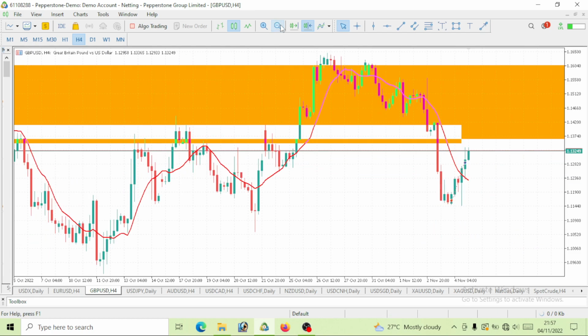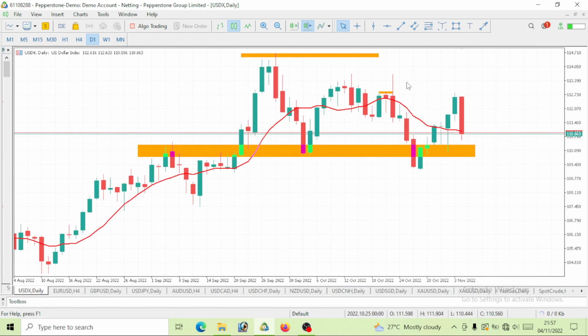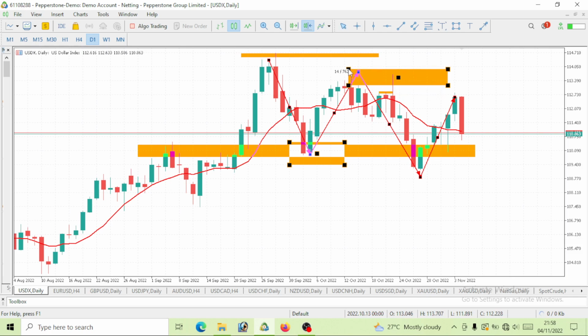I'm still expecting it, and let's see it on this USD index. I'll analyze it again. Let's start from here. You can see that this USD index drops, right? Here comes the correction. We had another drop which broke this previous level. A correction was made, but the correction failed to take out this level, neither did it break above it.